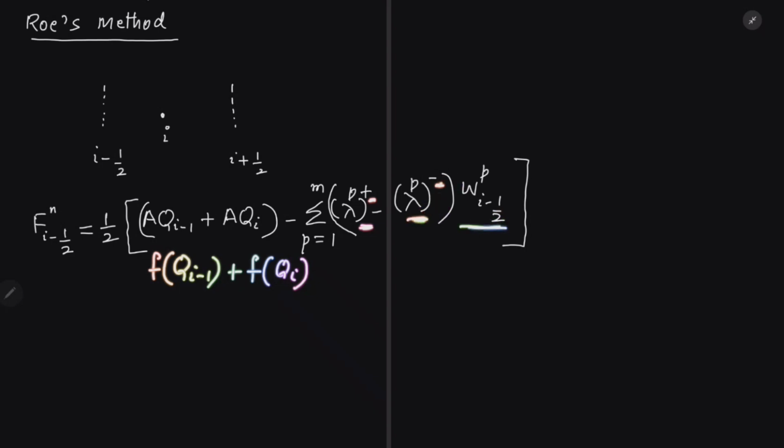And W P at I minus 1/2 is the waveform of a wave, and it is at I minus 1/2. Okay, so this was all about the flux.